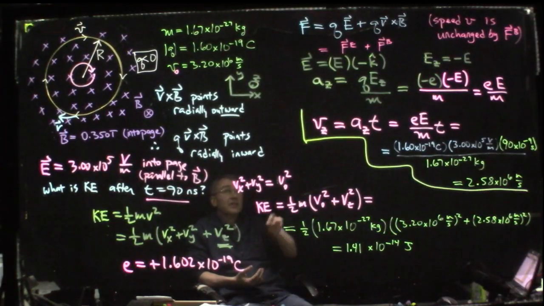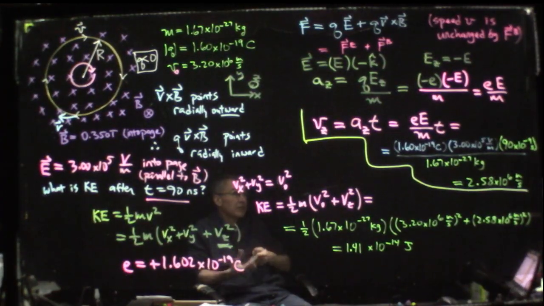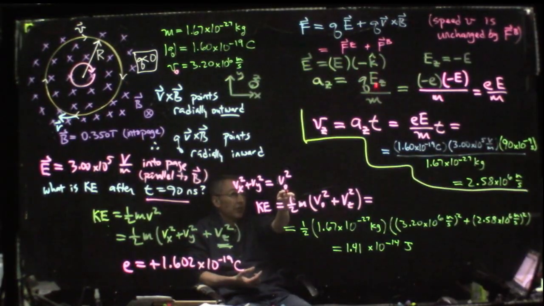Okay, so that's nice. It nicely separates the electric and magnetic effects in this problem. The electric field is going to produce a force in the same direction as the electric field if the particle were positively charged, but this particle is negatively charged. So the electric field points into the page, and this acceleration due to the electric field points out of the page.